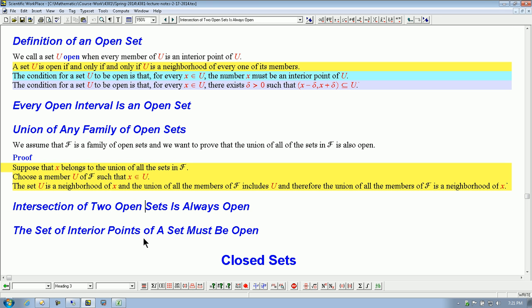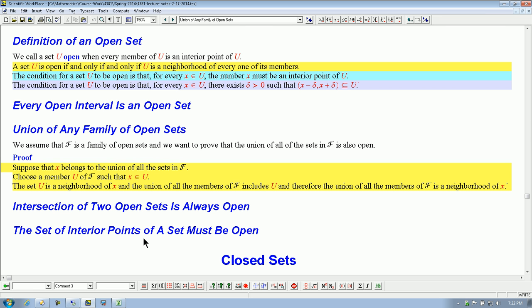Now, I've said that the union of any collection of open sets will be open. Intersection you've got to be much more careful about. The intersection of two open sets will turn out to be open.